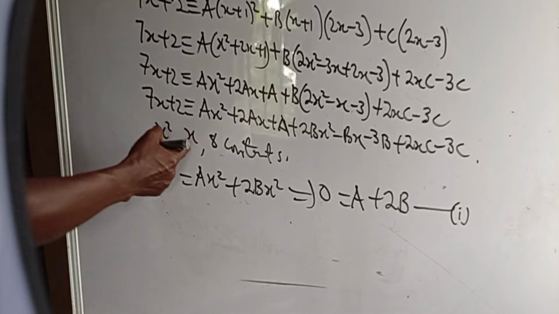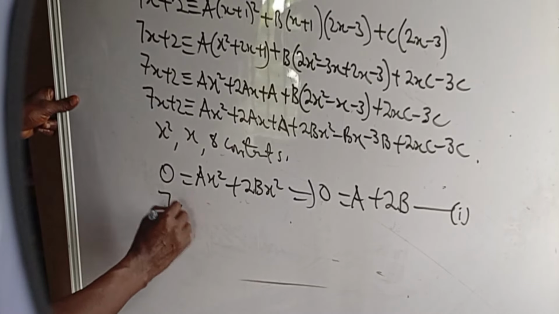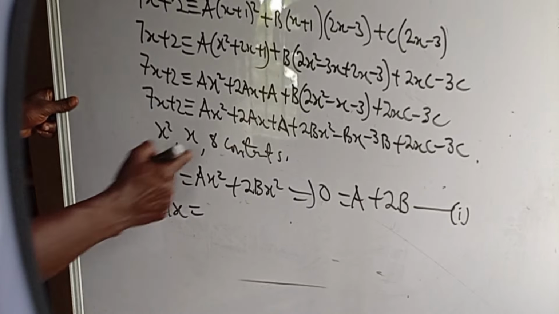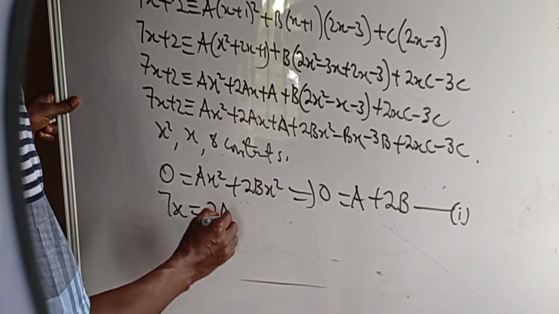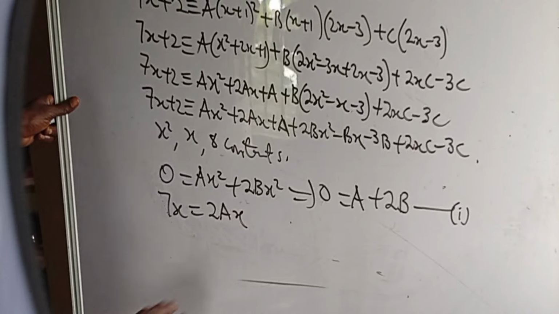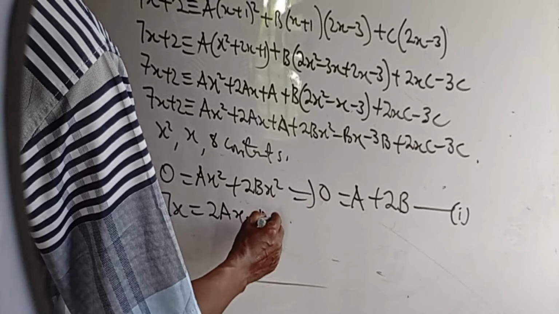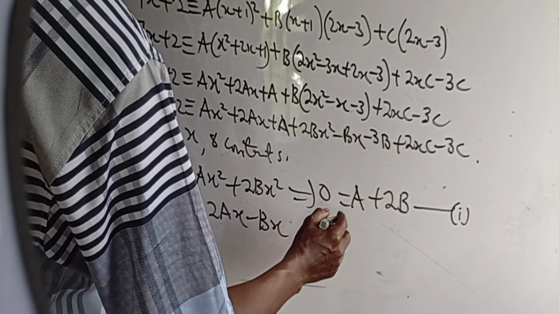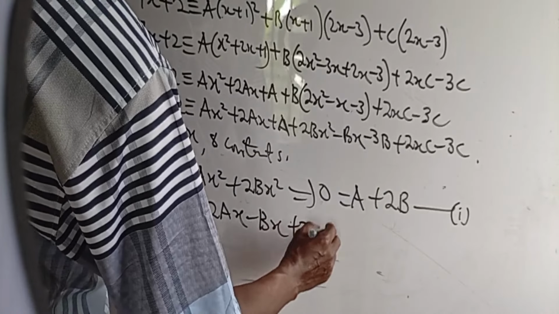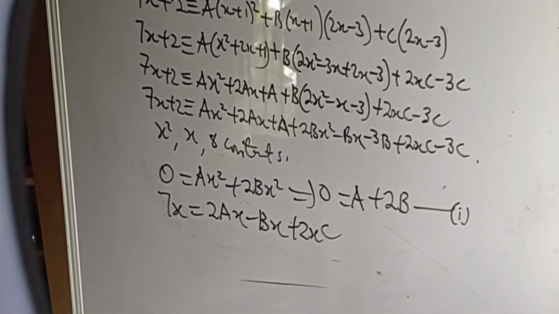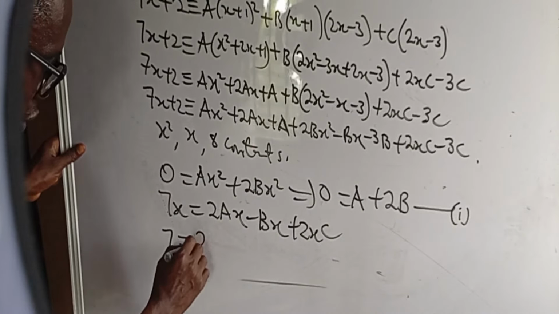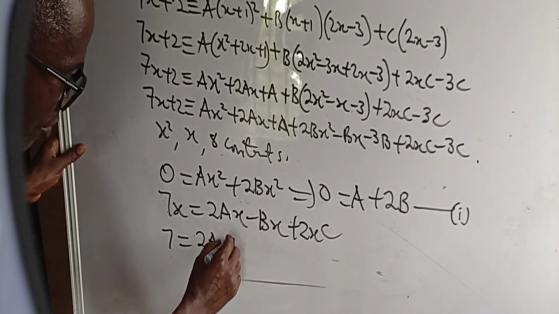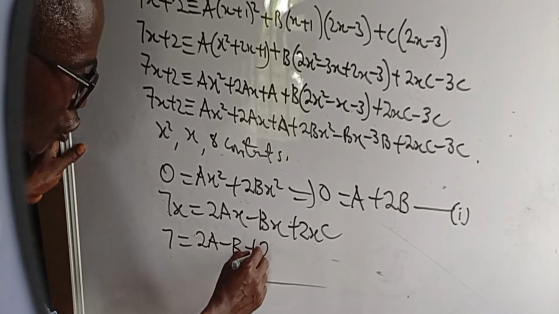Now let's compare x. We have 7x, those that have x: 2ax minus bx plus 2xc. Those are the ones that have x. Divide through by x. 7 equals 2a minus b plus 2c.